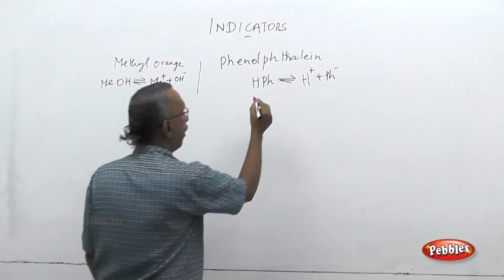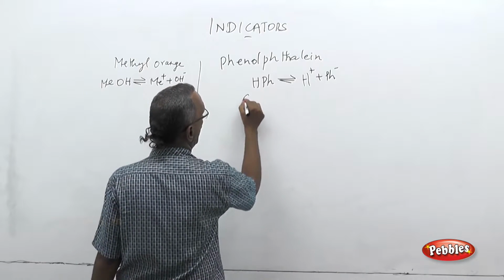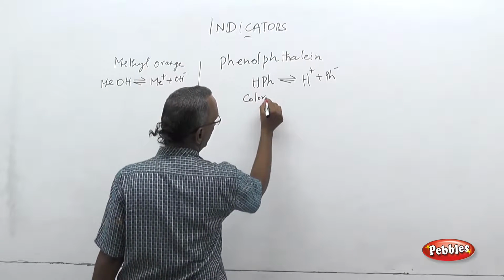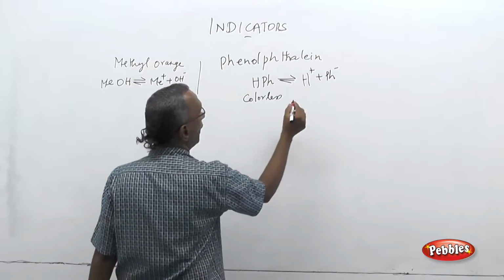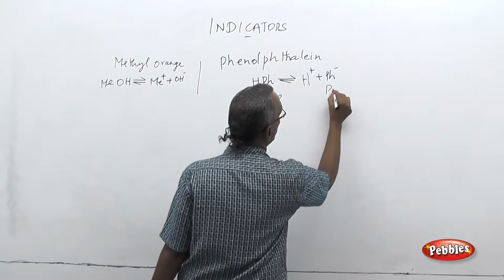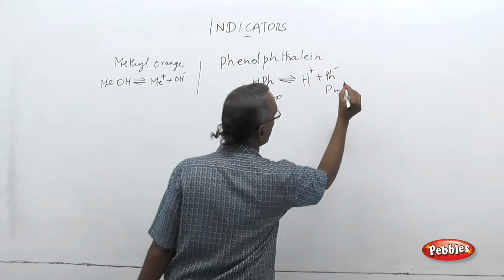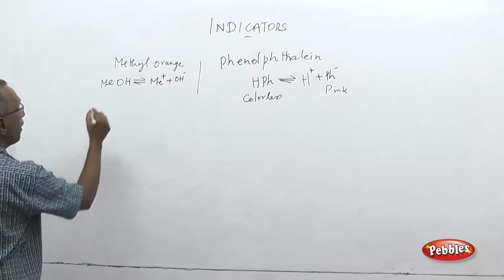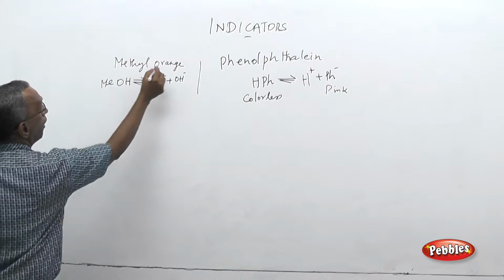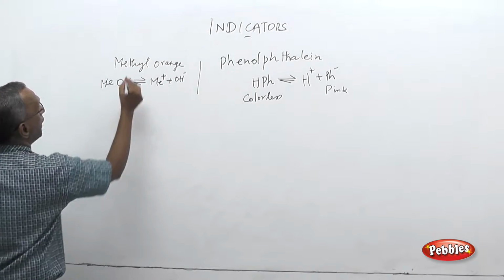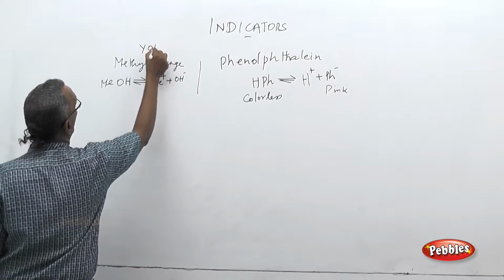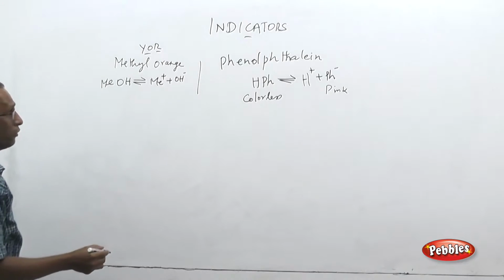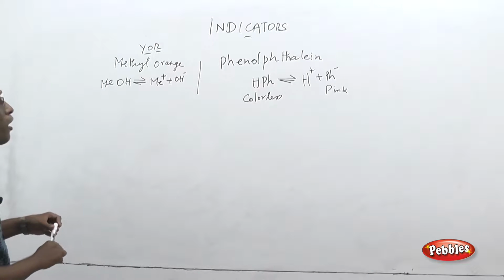You will see. Undissociated phenolphthalein is colorless in nature, whereas phenolphthalein anion is pink in color. Methyl orange, the name is called orange because it is an intermediate of yellow and red in VIBGYOR, violet, indigo, blue, green, yellow, orange, red.